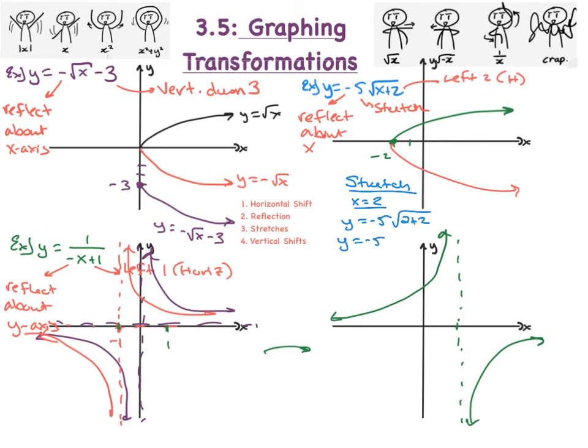So I have this negative 5 times the square root of 2 plus 2, which is 4, which is negative 10. 5 times the square root of 4 is 5 times 2, so y equals negative 10. So way down here at negative 10 would be x equals 2. So I would have a stretch that would look like that. Cool.